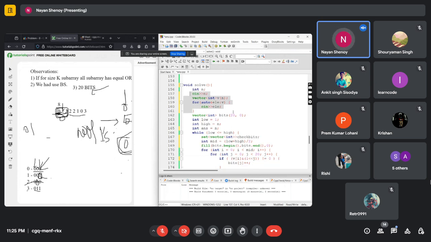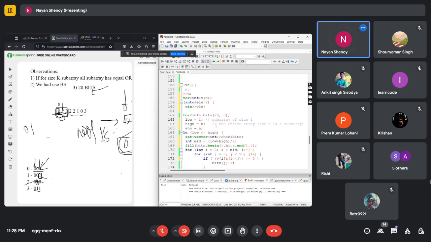Here we took the input as simple, and then we kept the bits array of size 20. As I explained here, of size 20, we keep the bits array. Low we have taken as 1. I explained why, because you can have a subarray of size 1, and high is n because the entire array itself is a subarray.